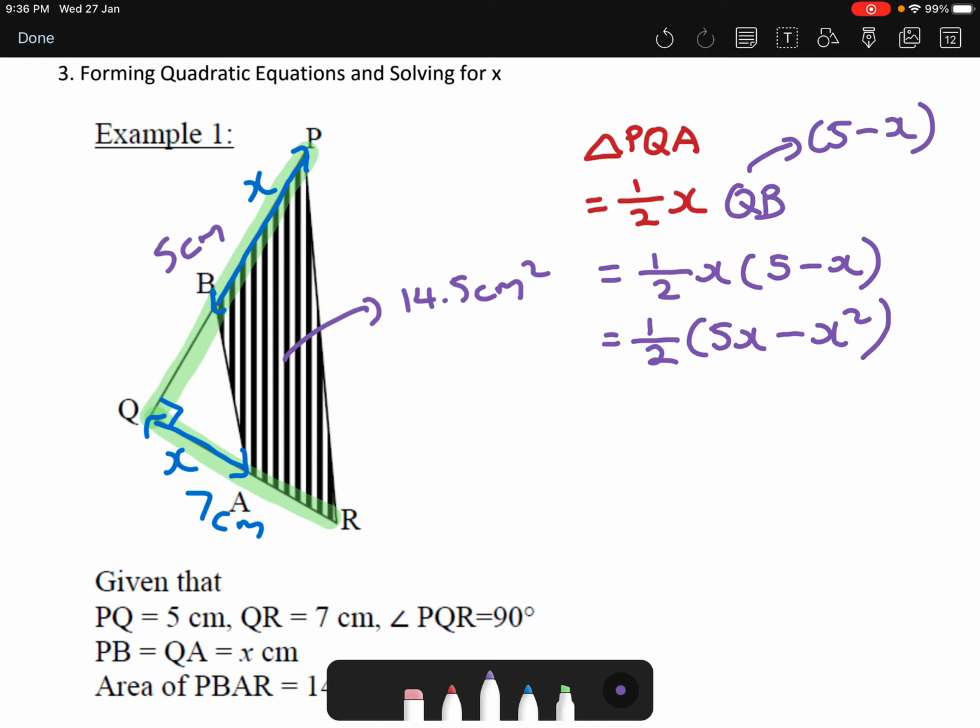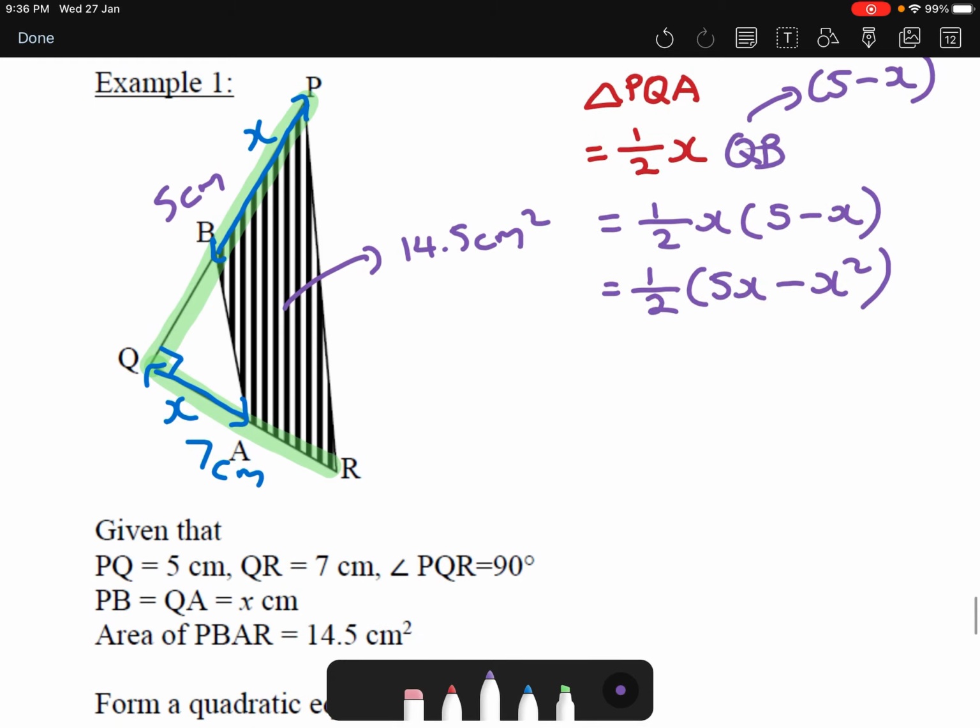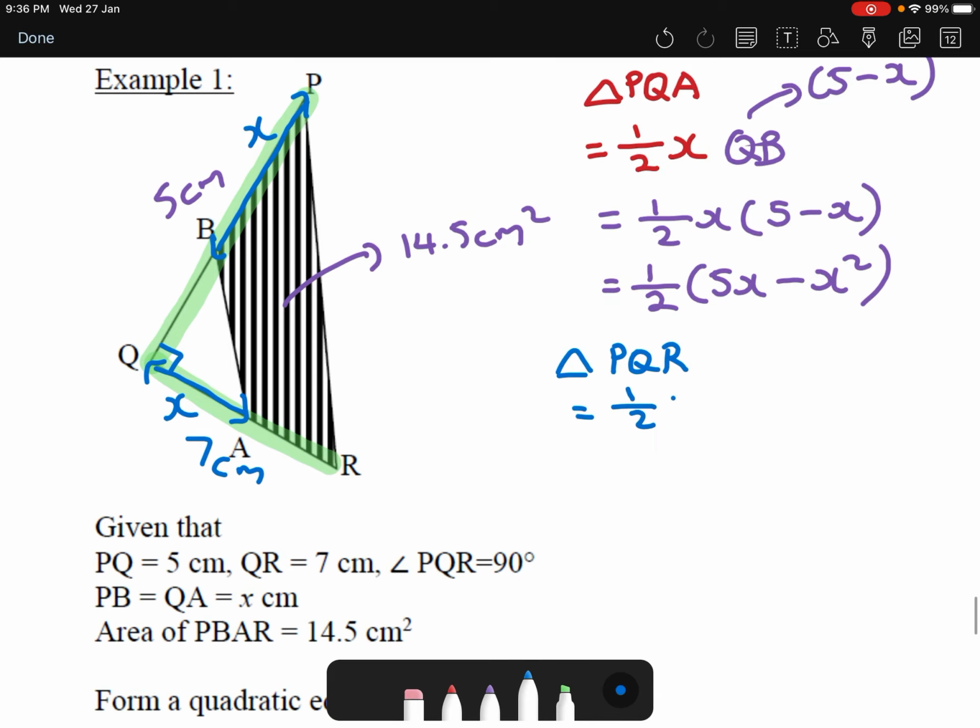Second of all, we need to find the area of the big triangle, PQR. This one is quite easy to find. Just half times 5 times 7. If you calculate correctly, you should get 17.5 cm square. Now we know that the big triangle minus the small triangle gives us the shaded area.